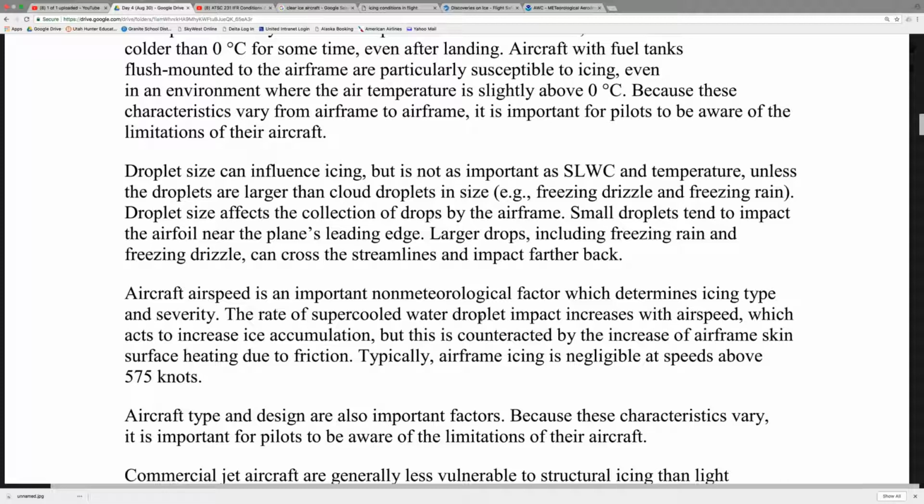De-icing fluid is different, okay? De-icing fluid happens on the ground only. If any of you have flown in the wintertime, you've probably seen or been in an aircraft that has been de-iced out on the pad.